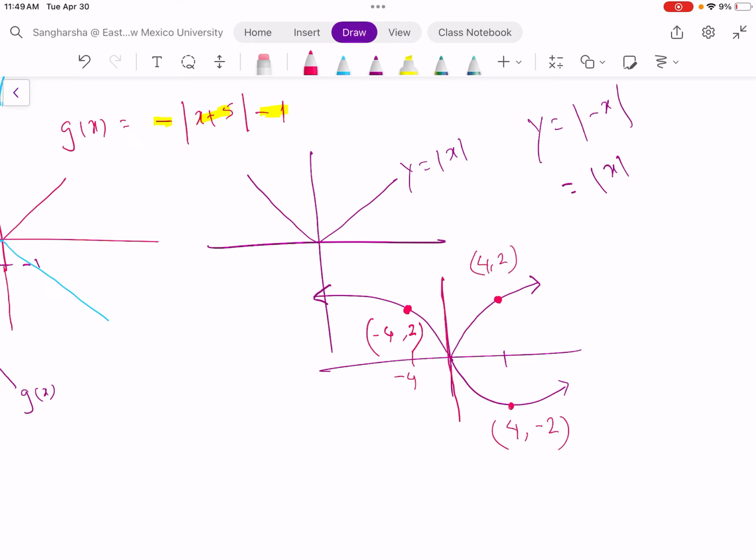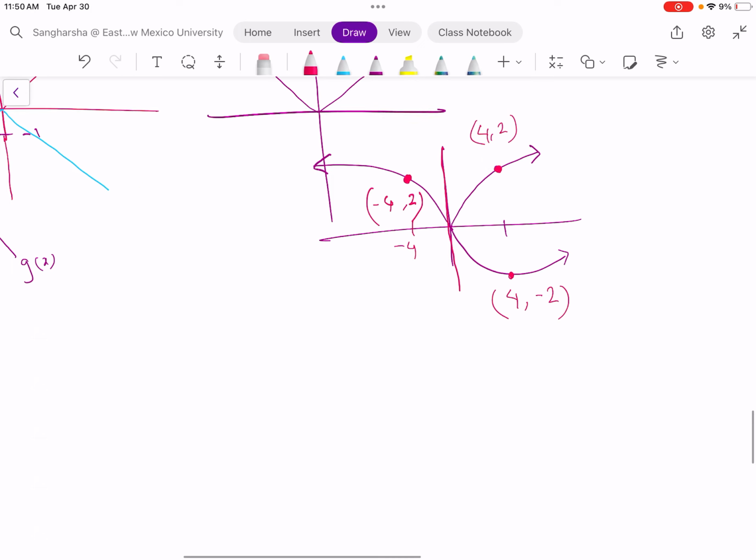Reflecting your graph across the y-axis means you are changing the sign of the x coordinate. You just flip the sign of the x coordinate. If you are reflecting across the x-axis, you are changing the sign of the y coordinate only.